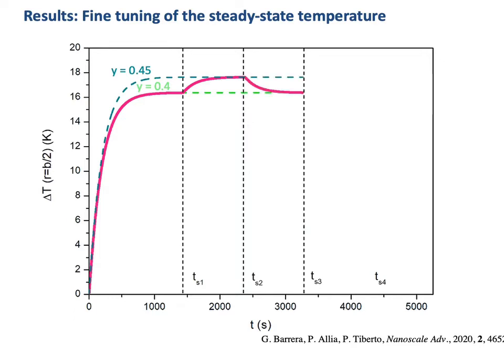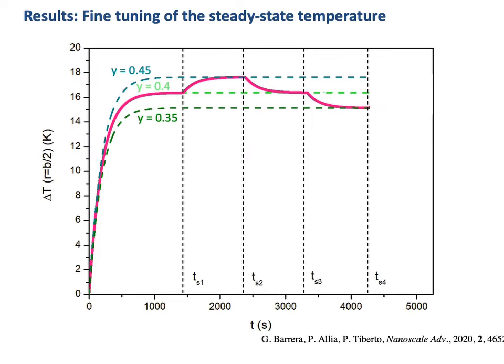Then we can go down again, changing again these parameters. So we can change the increase of temperature from almost 14 to 70 degrees by simply changing the shape of the exciting waveform.